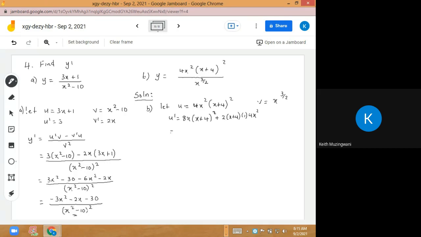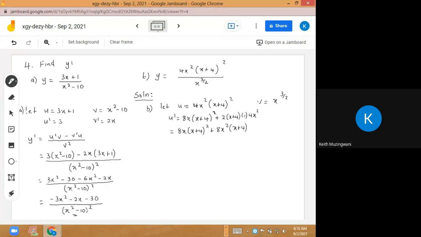If we simplify this, it will be 8x (x plus 4) squared plus 2 times 4, we get 8x squared (x plus 4).